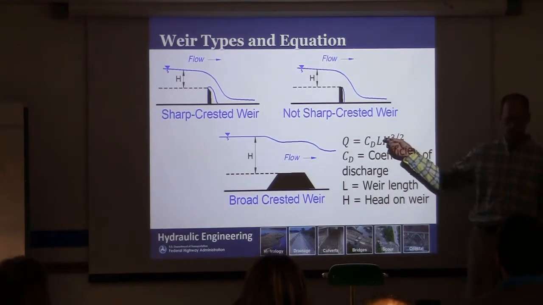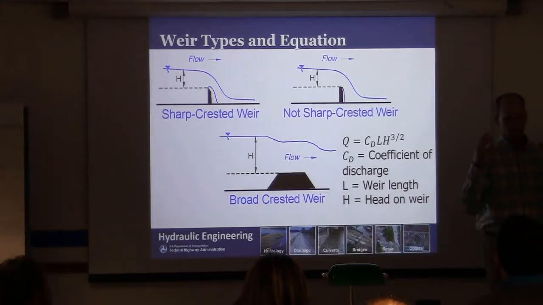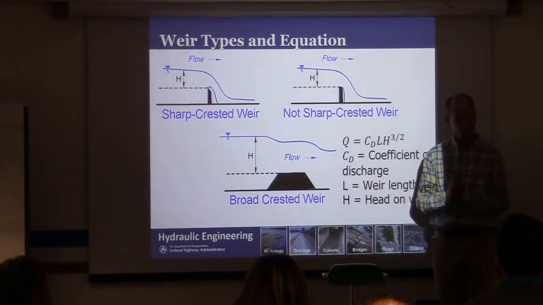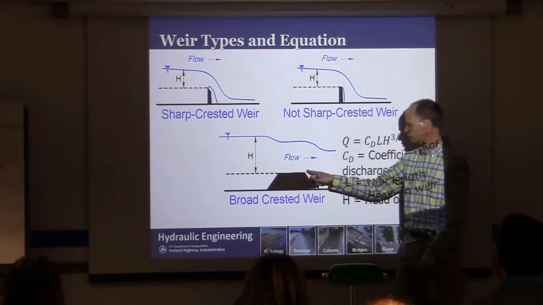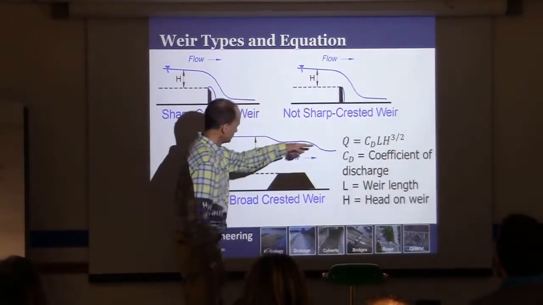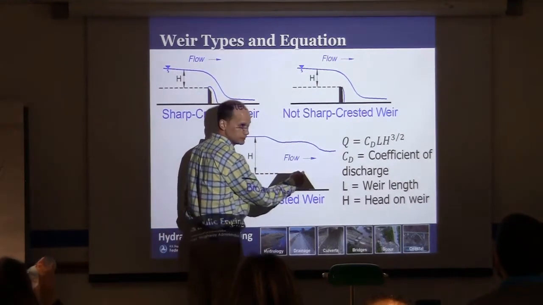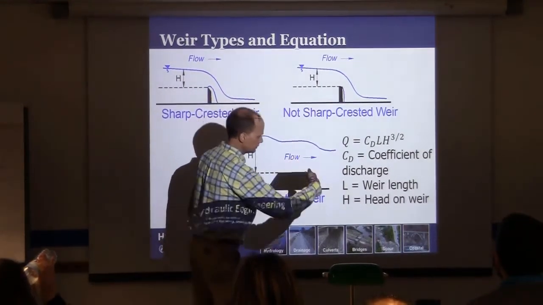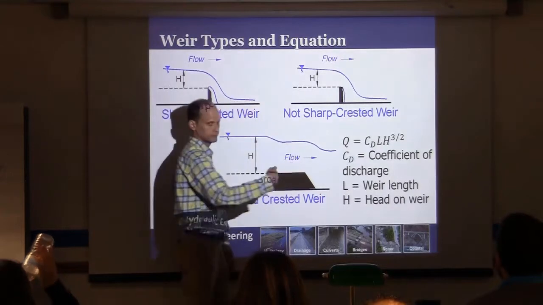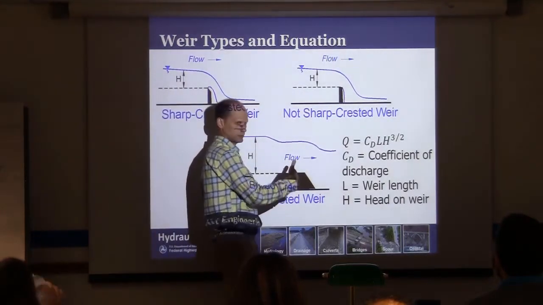So what is this length L? Hydraulic engineers rely on intuition and thinking logically about things. You have two basic options. The weir length could be this dimension, with flow going this way, or it could be this one.